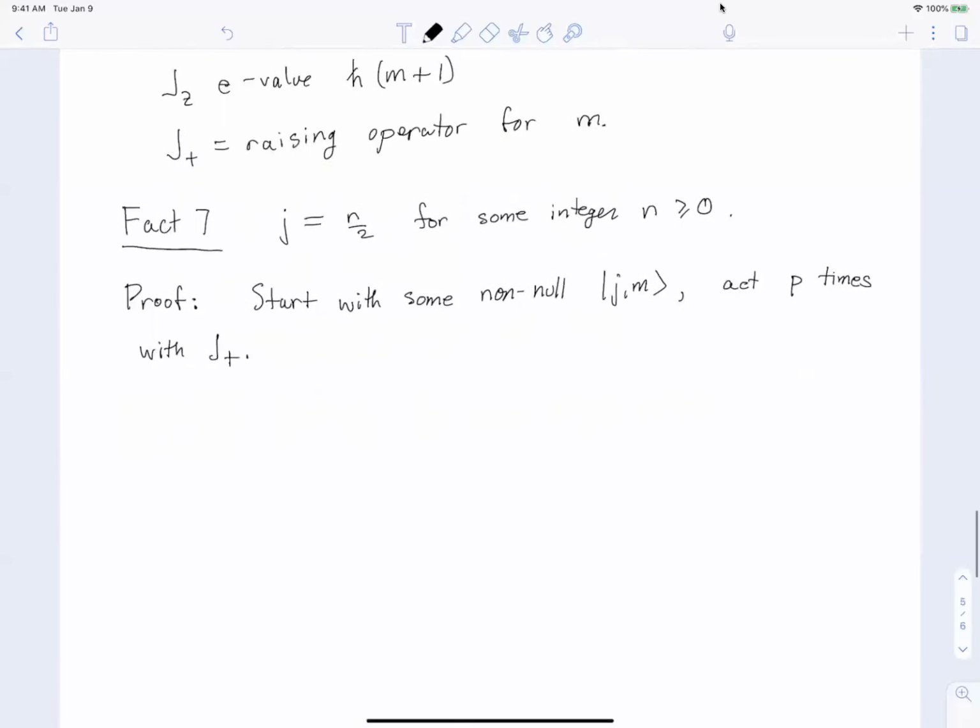Okay, so what does that give us? That gives us j plus to the pth power acting on jm. And what we learned from fact 6 is that each time we act with j plus, it just raises m by 1 unit. And so I should put here proportional, not equal, because we should worry about normalization factors. But this should be proportional to j, m plus p.